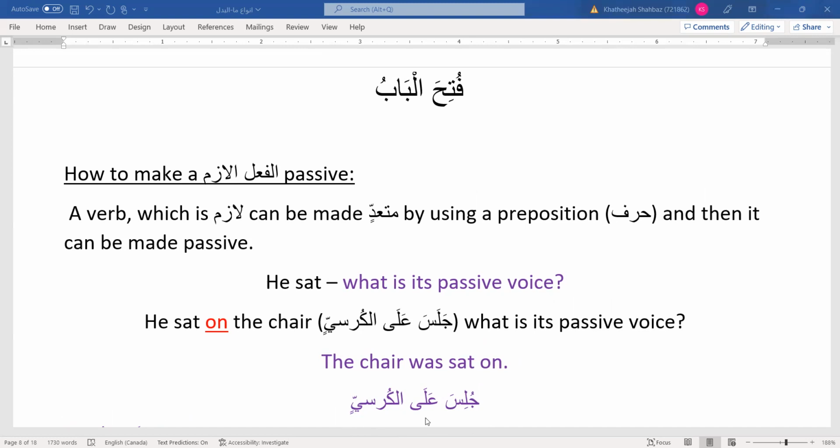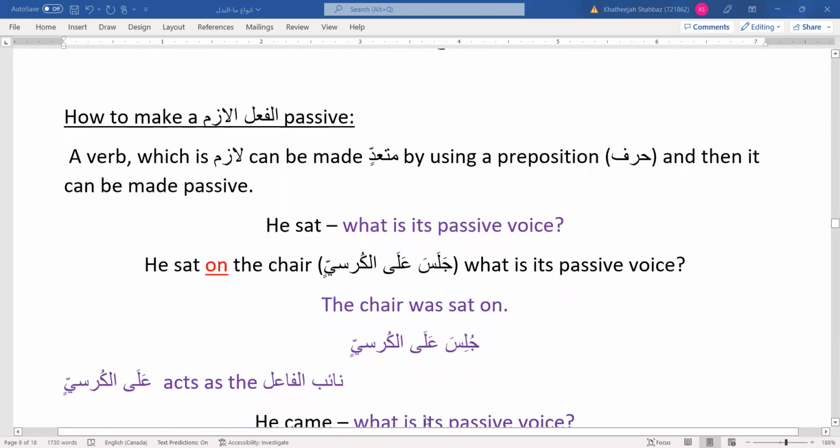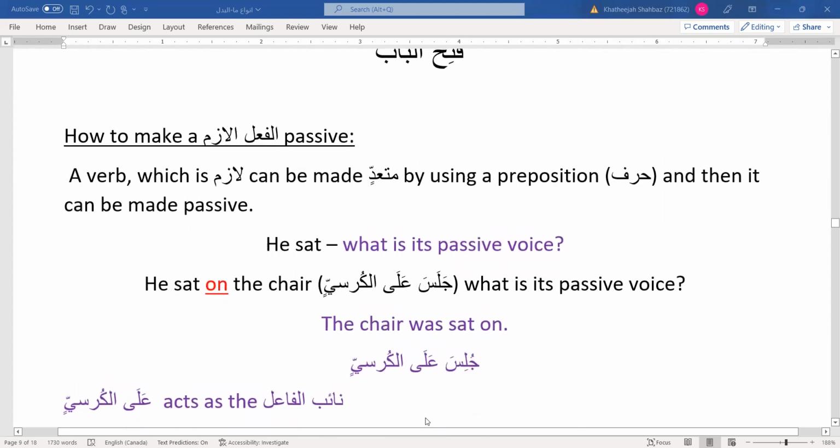What is the naibul fa'il here? Alal kursi. We have to keep ala with it, because it is the ala which allowed us to add a naibul fa'il to it.